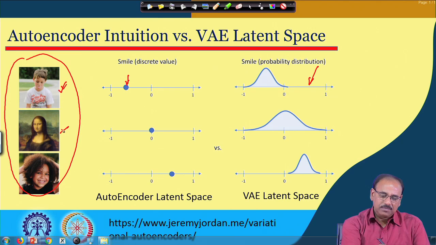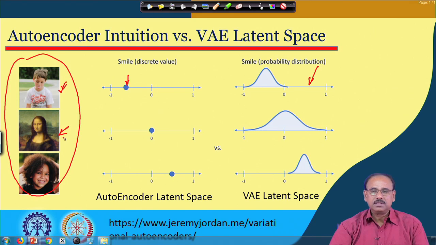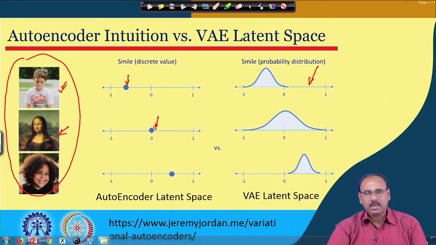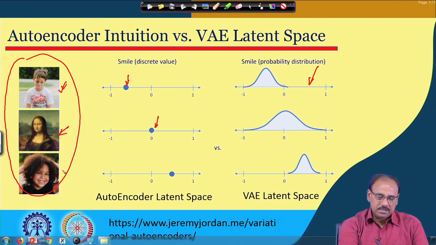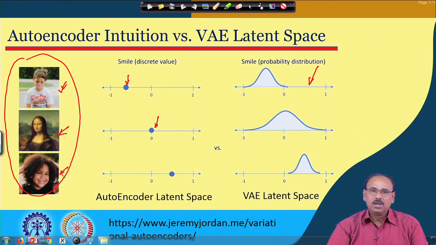Similarly, coming to the same attribute smile, we cannot say that this is a smiling face, so the traditional autoencoder will assign a value around 0 to that attribute, whereas this is a smiling face, so it will assign a high value to the attribute smile.